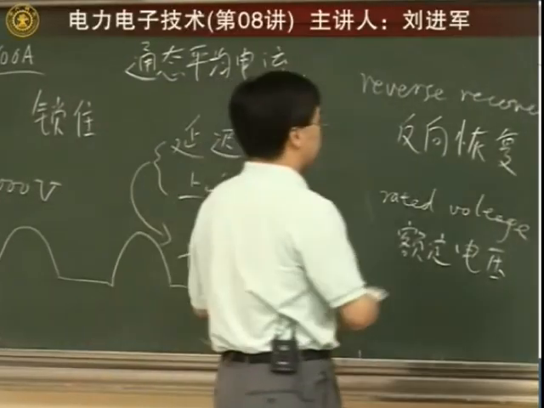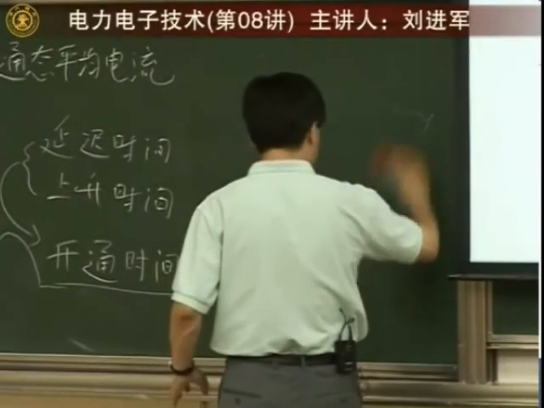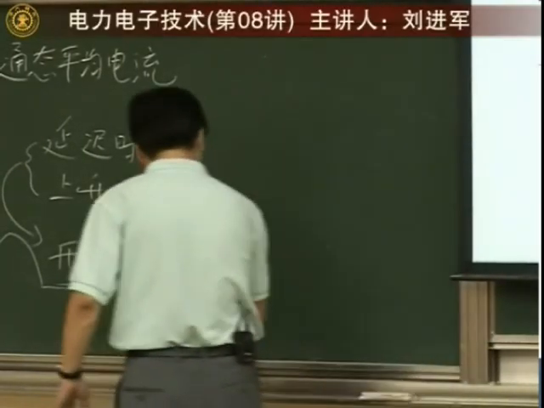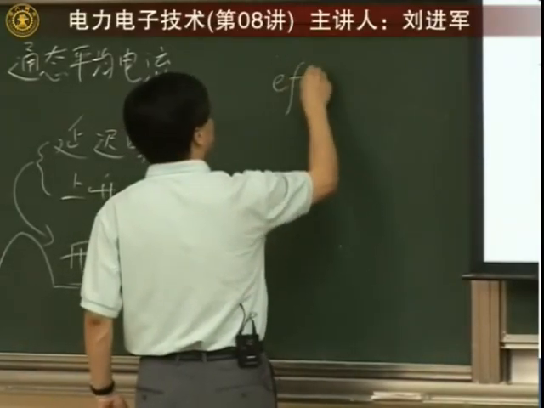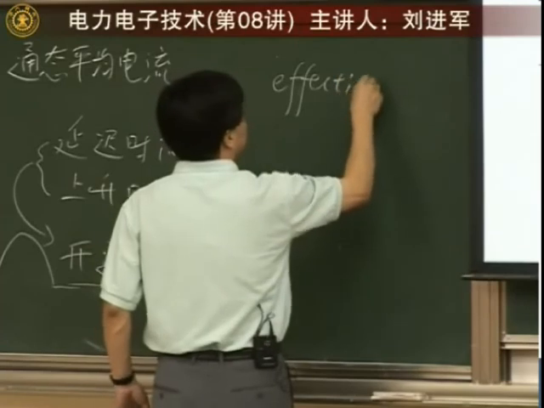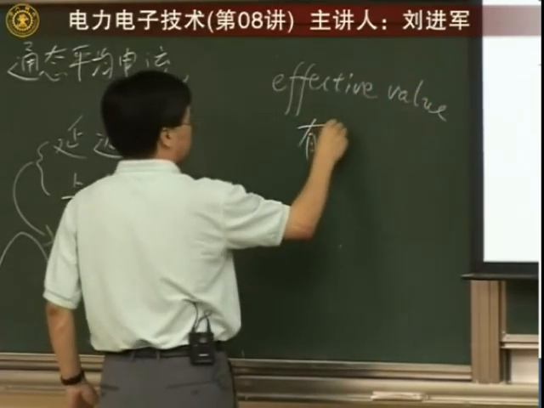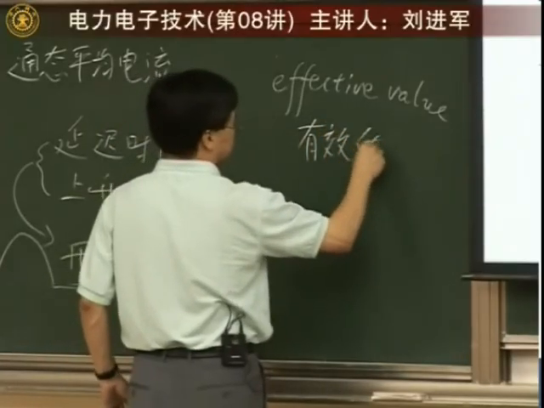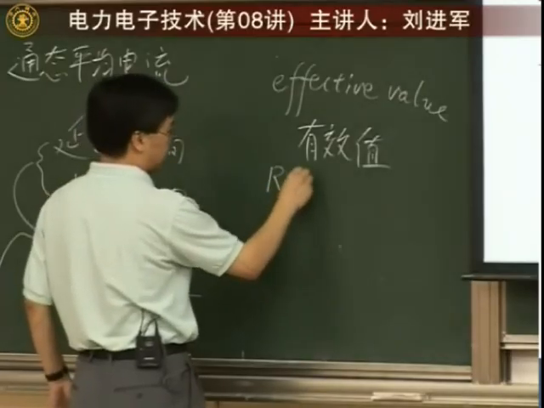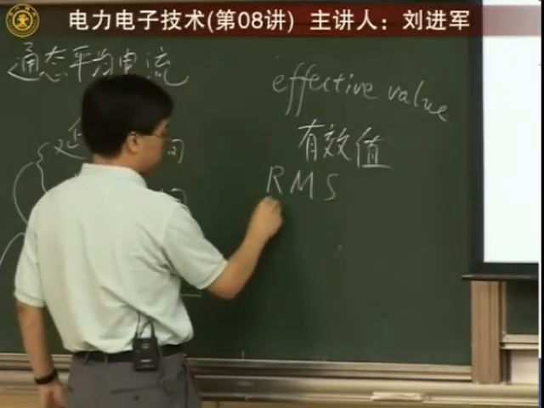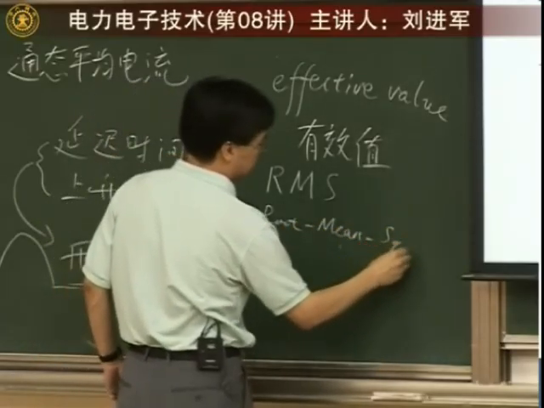Usually when we talk about the rated current for other electric equipment, we use the effective value. Another name is RMS value, root mean square value.